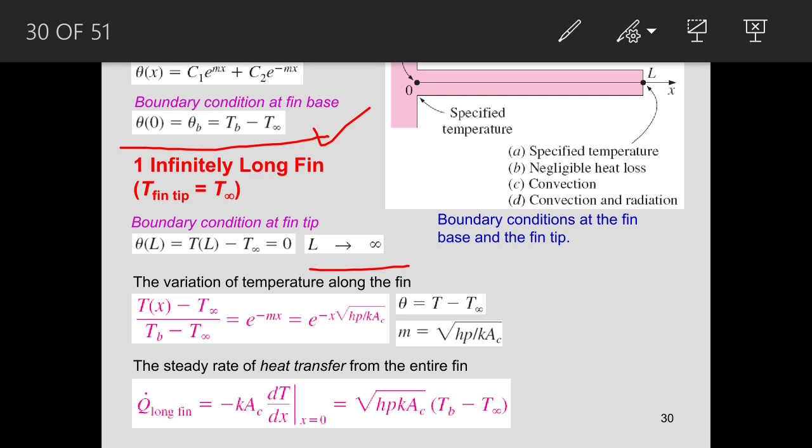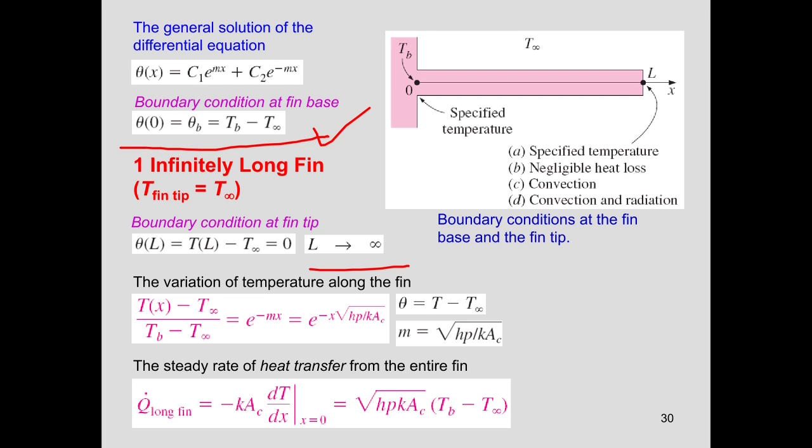Now to solve this equation, theta of x is equal to c1 e raised to mx plus c2 e raised to minus mx. If you substitute x equal to 0, then we find the value of one of the constants, and if we substitute x equal to L or x equal to infinity, then we find the other constant. But for the infinitely long fin, the e raised to mx term becomes infinite at x equal to infinity, so c1 must be zero.